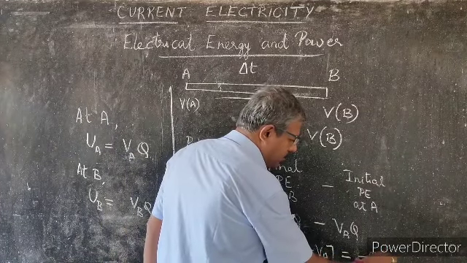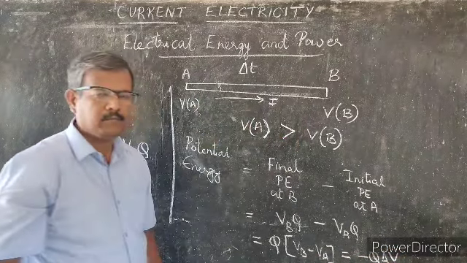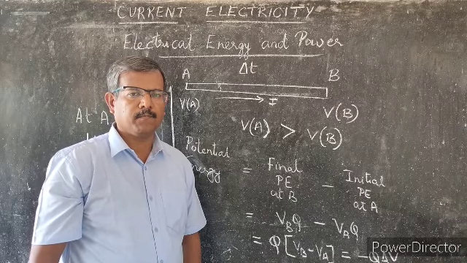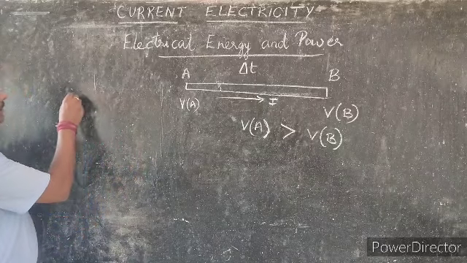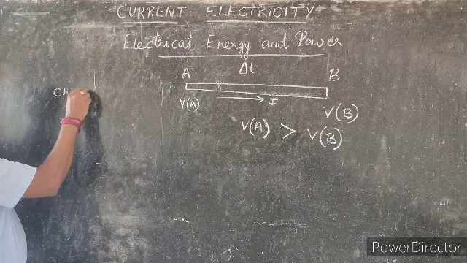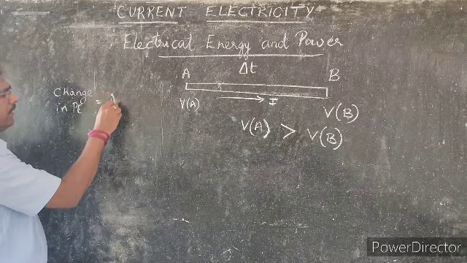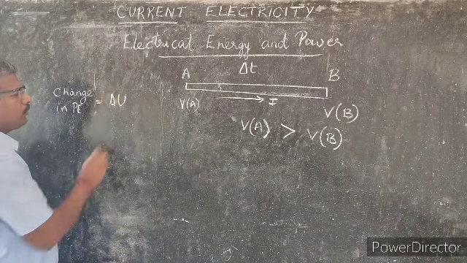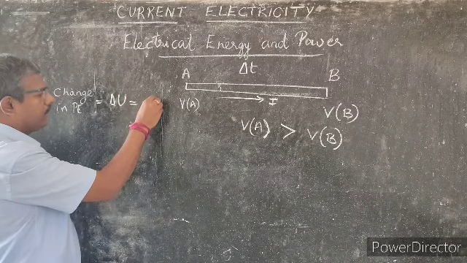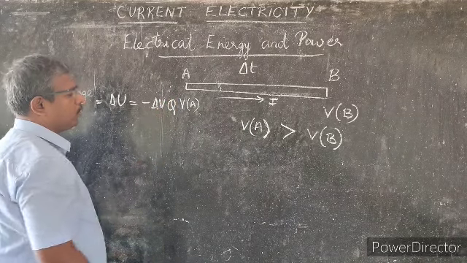Let the change in voltage be delta V. So continuing from our previous discussions, the change in potential energy, let me denote it as delta U, we got as minus delta V into Q.